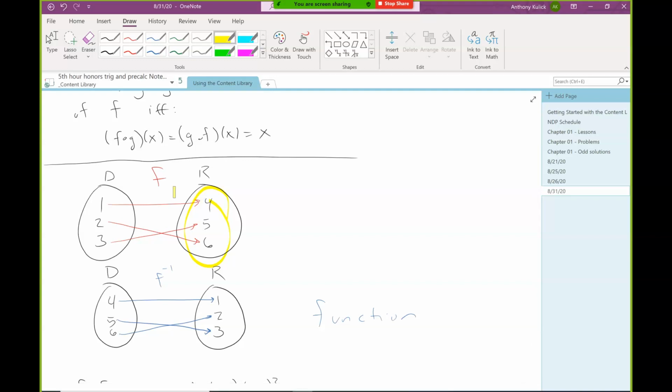Every range gets an x paired with it, so it is onto. I can tell this function is one-to-one because each range is mapped to uniquely by an x. So because each one of those y values has only one x value going to it, I know it's one-to-one.